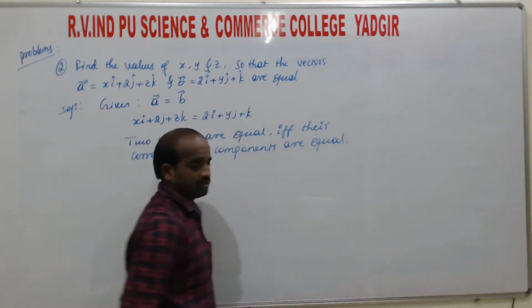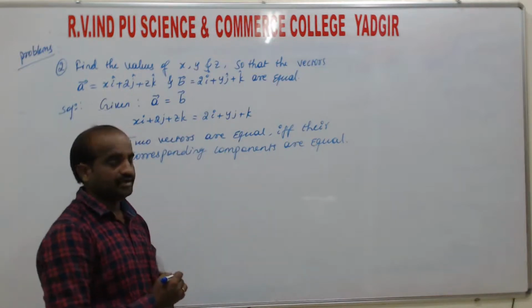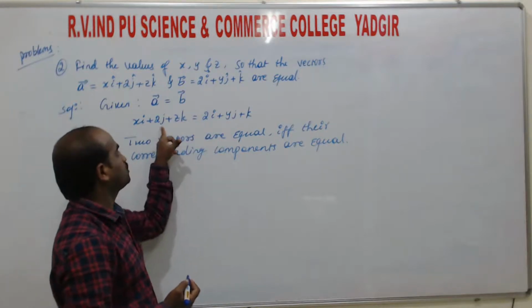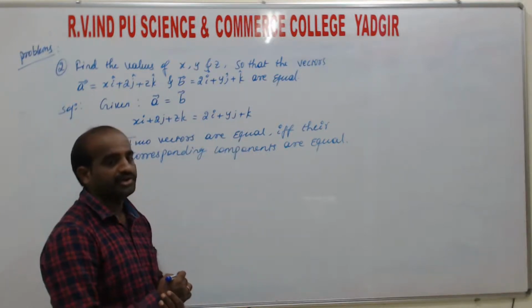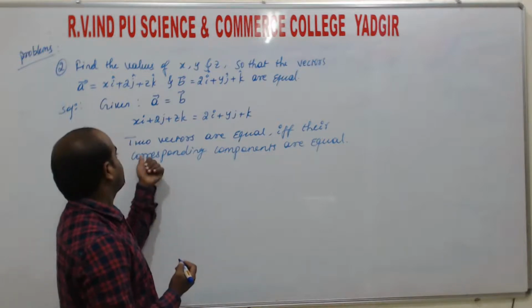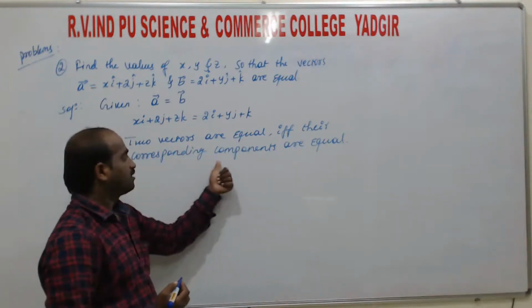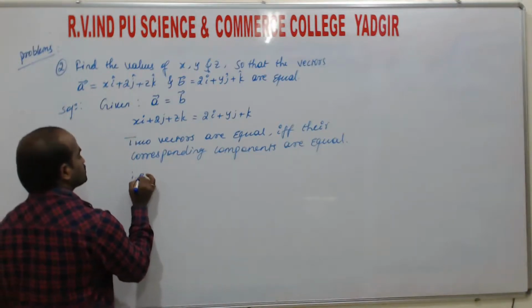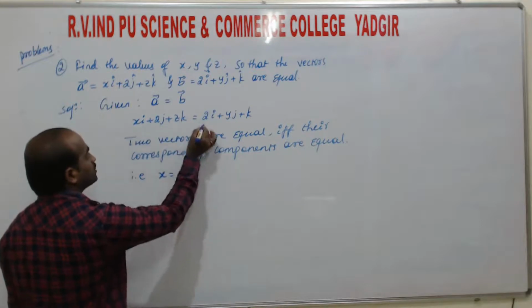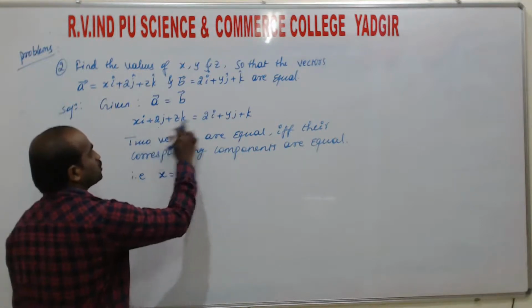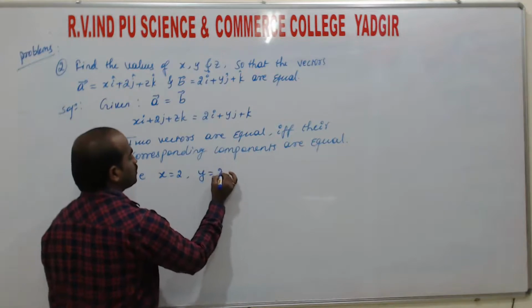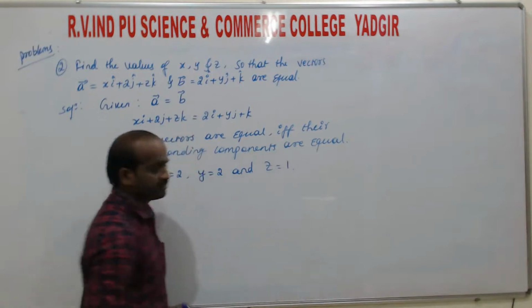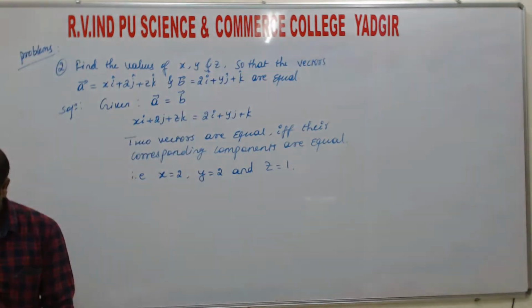Equating the coefficients of i, j, k: x is equal to 2, y is equal to 2, and z is equal to 1. Okay. Next question.